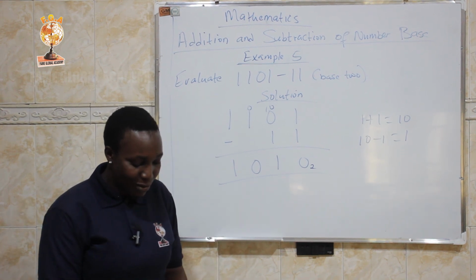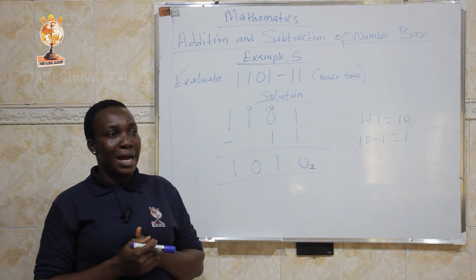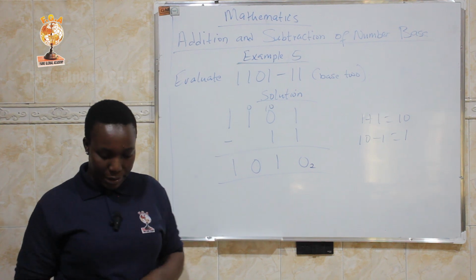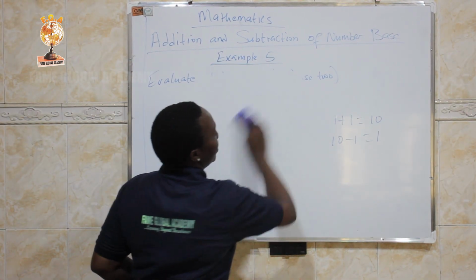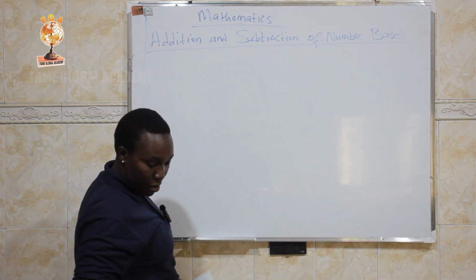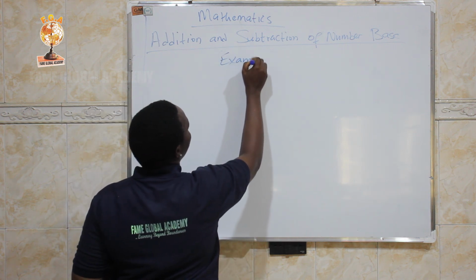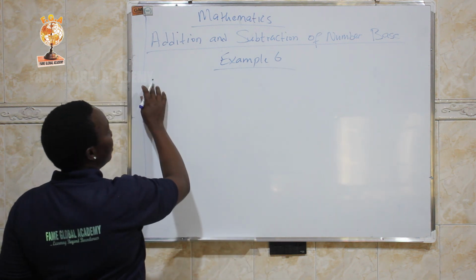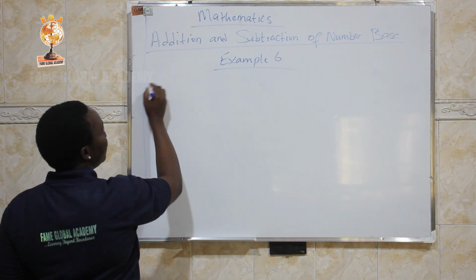Now let's take two more examples under addition that is a bit complex. Okay. Alright, so let's take example 6. Okay, so this example 6 is under addition, but we're going to be having 3 sets of numbers.